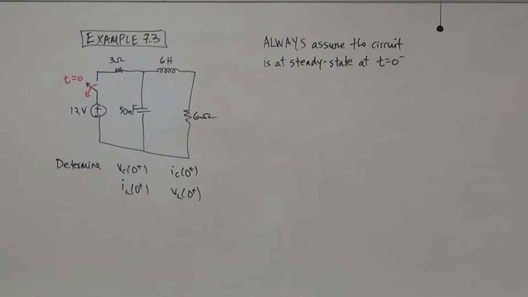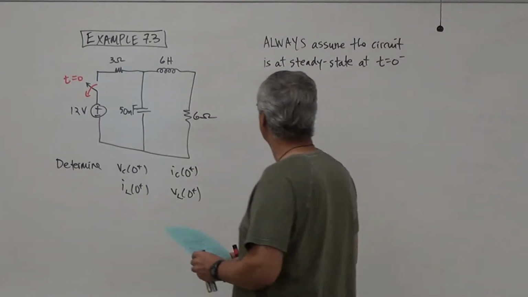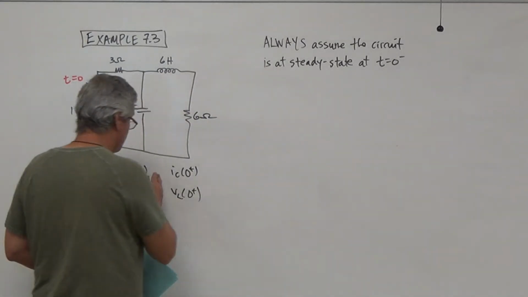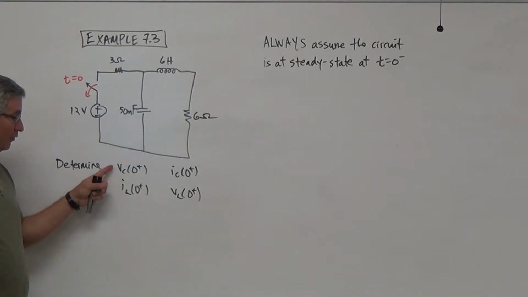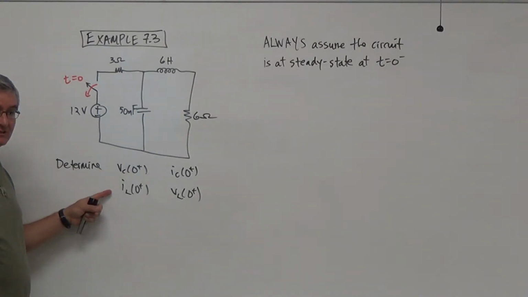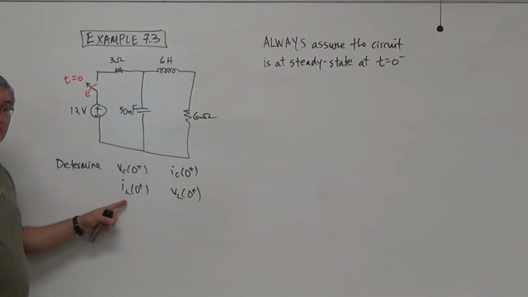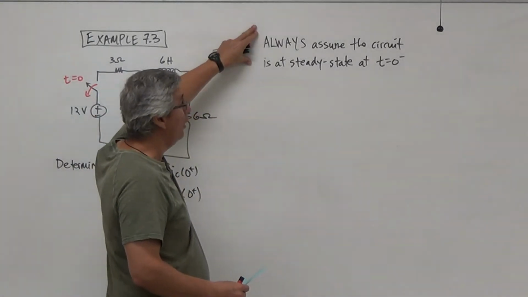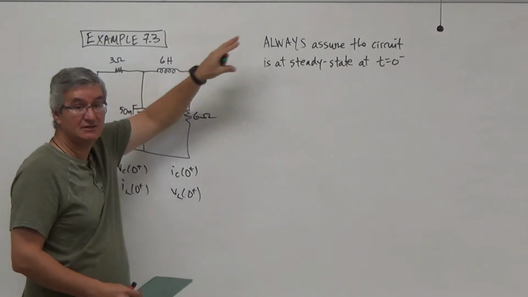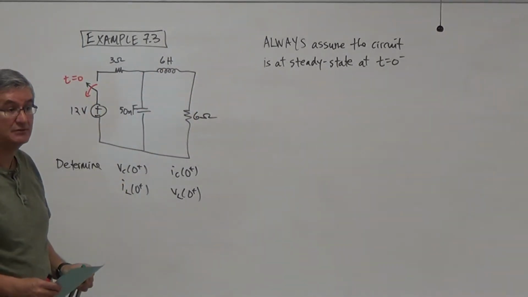Okay, let's look at this thing here. The first thing I'm going to look at is that the capacitor and the inductor voltage and current can't change instantaneously, which means I want to calculate 0 minus for these guys. Okay? It tells me always assume the circuit is at steady state at t equal to 0 minus.